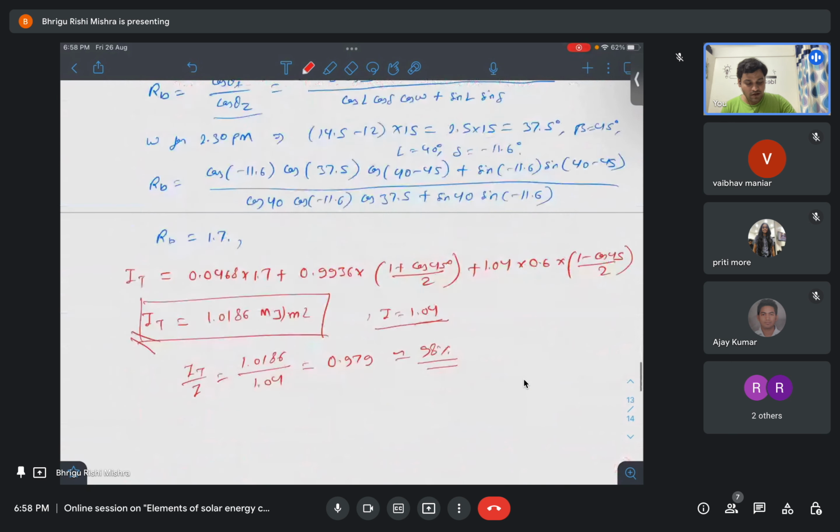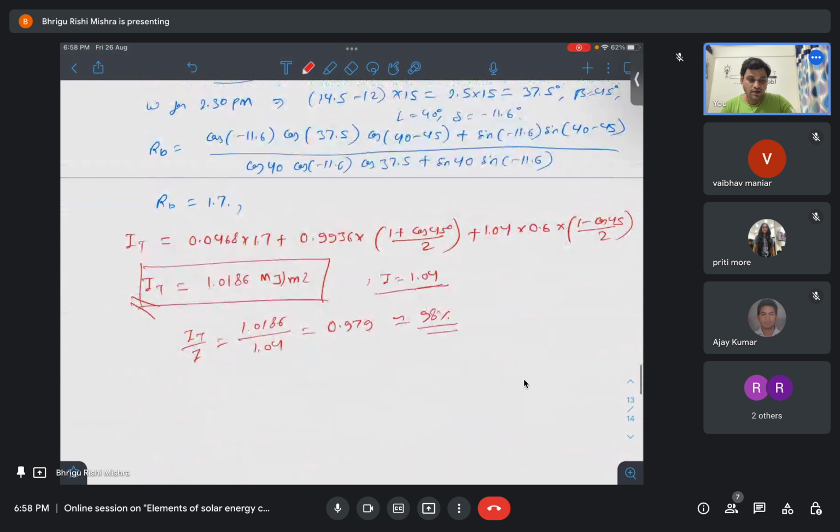So in this session we have seen what a view factor is. We have derived the relationship of view factor for collector to sky as well as collector to ground, FCS and FCG, and we have also solved a question where the reflector is used to augment the radiation received by the collector.